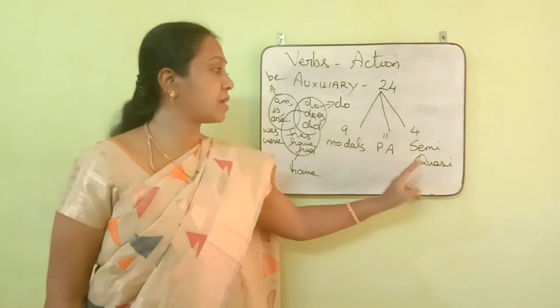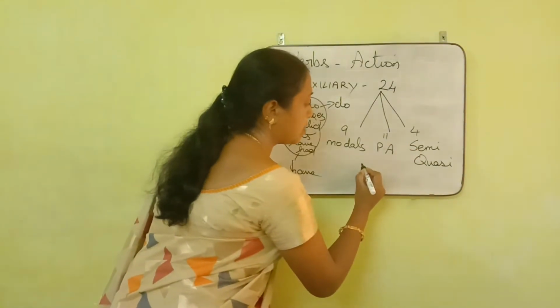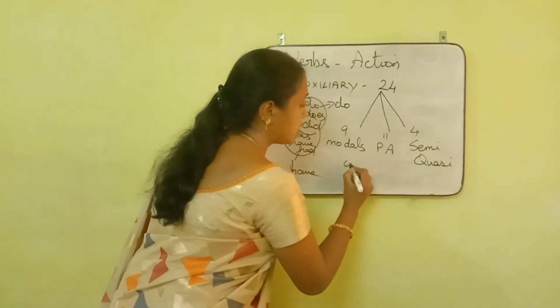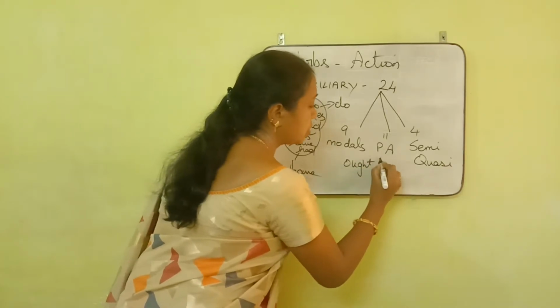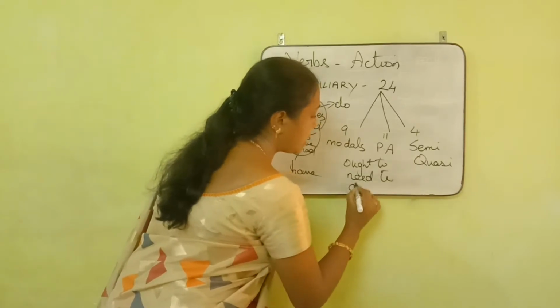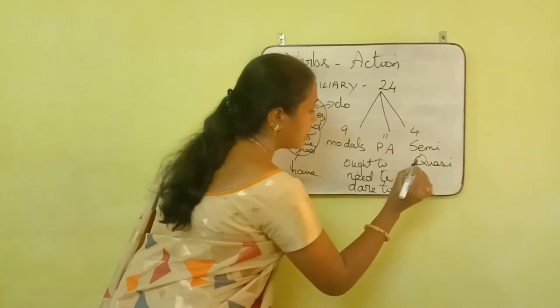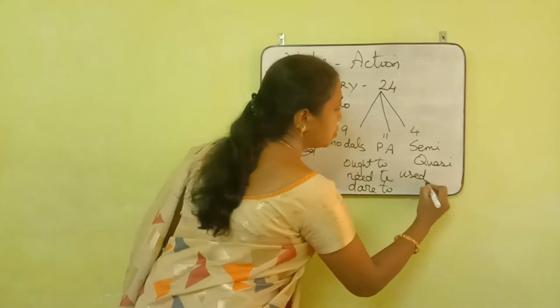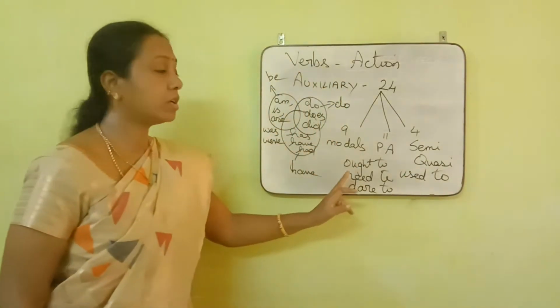Now what are semi-modals? There are 4 semi-modals. One is ought to, the next is need to, then dare to, and the other one is used to.